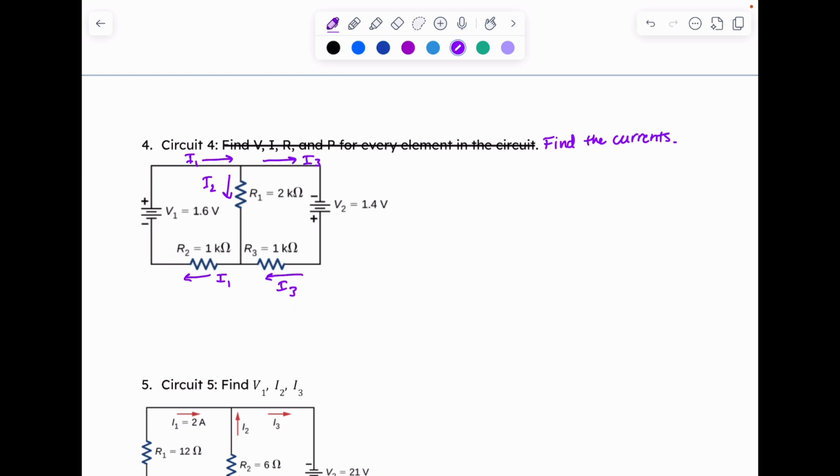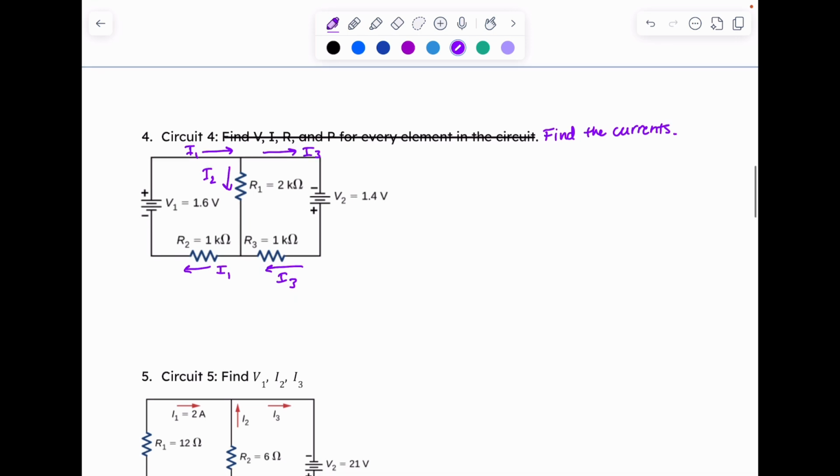For the equations, we're going to look at this circuit. It's important that we have at least one junction equation and 2 loop equations. So for this, I'm going to make my junction equation first. If I look at this junction, I have I1, and then I2 and I3 come out of I1, and then I3 and I2 come back together to make I1.